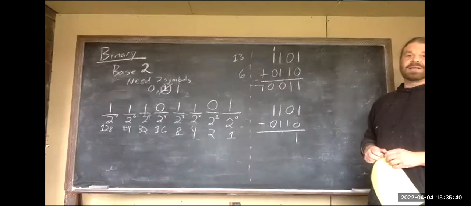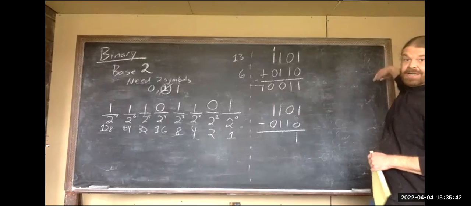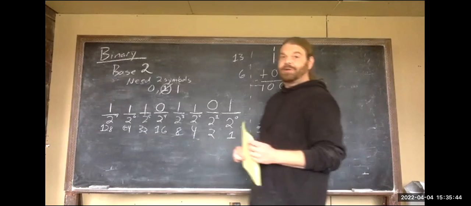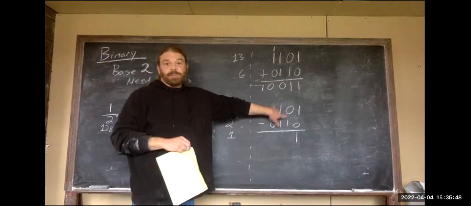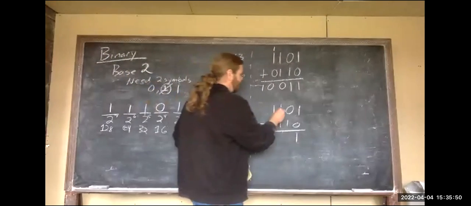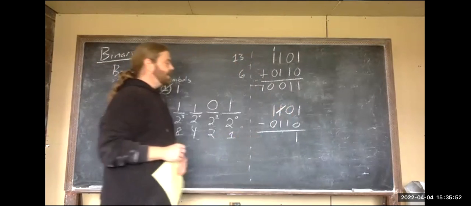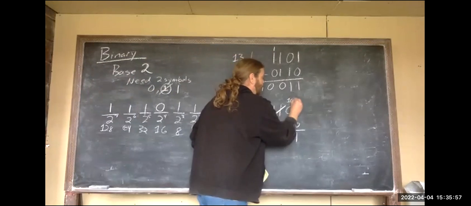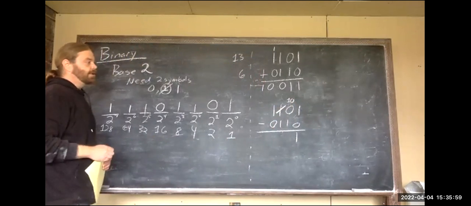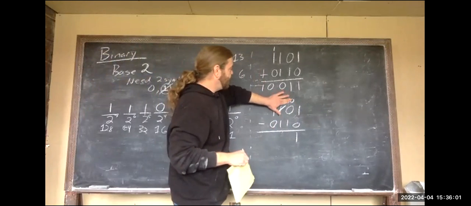0 minus 1. That's what we had when we were subtracting over here, only we have bigger numbers. We have our decimals, but the number on top is smaller than the number on bottom. So we have to borrow from the next column. And when we borrow, our next column's a power of 2 bigger. Whoops, that's supposed to be binary.